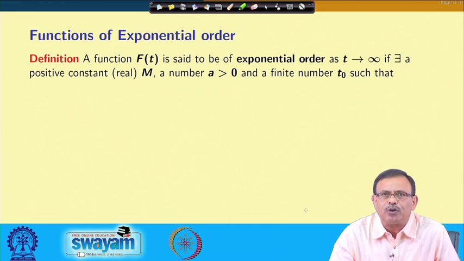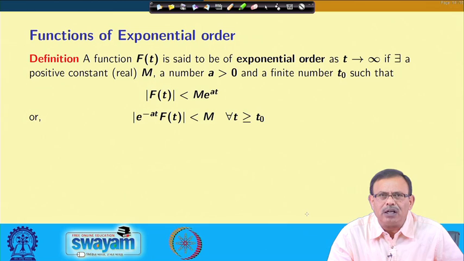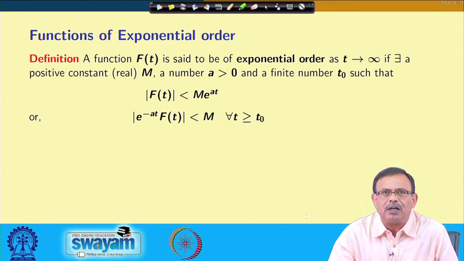A function f(t) is said to be of exponential order as t approaches infinity if there exist a positive real constant M, a number a, and a finite number t0 such that the absolute value of f(t) is less than M e^(at). Please note this: I can also write the absolute value of e^(-at) f(t) less than M for all t greater than or equal to t0.